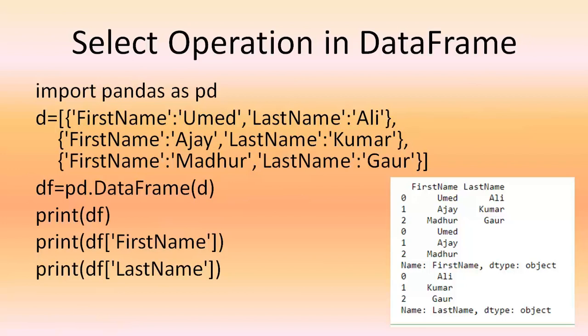First print the data frame, it will show the complete data frame in this manner. Name, first name, 0, 1, 2, here these three names. Then display first name, it will show only the first name, 0, 1, 2, Umed, Ajay, Madhur. Then print last name. This is selection, how to select a particular column.